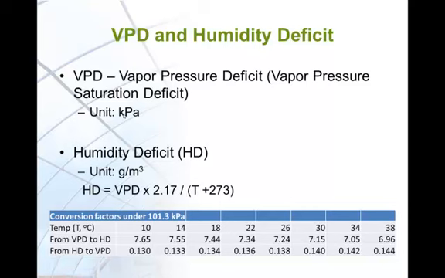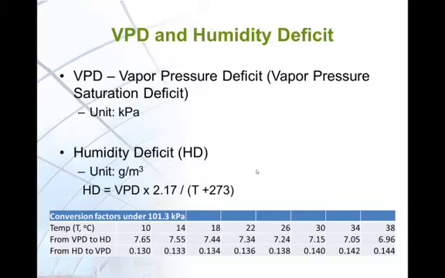So saturation vapor pressure is now in grams per cubic meter, and the current vapor concentration is also grams of moisture in the air per cubic meter. In that case, you can also compute the difference between saturation and current, but the unit is grams per cubic meter. In this case, we specifically call that humidity deficit.